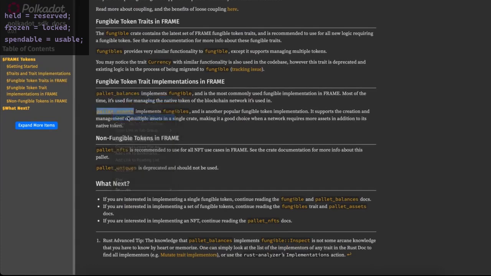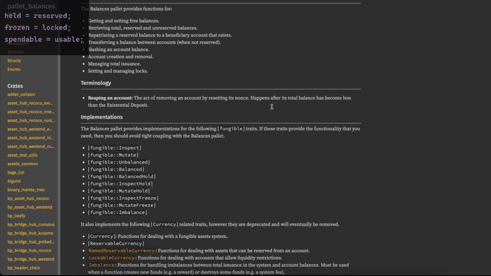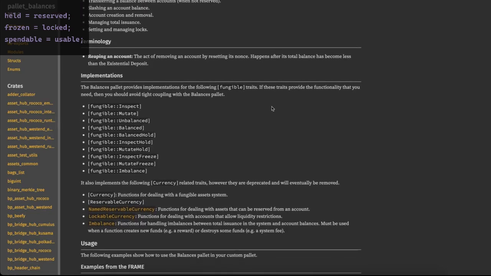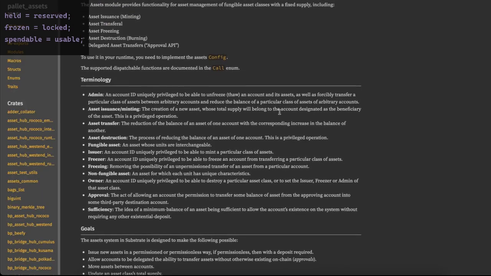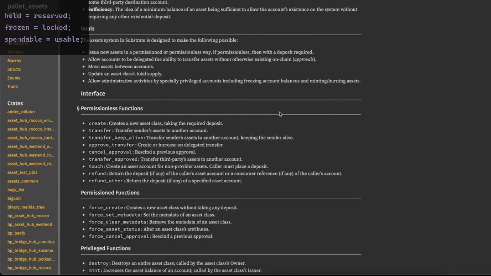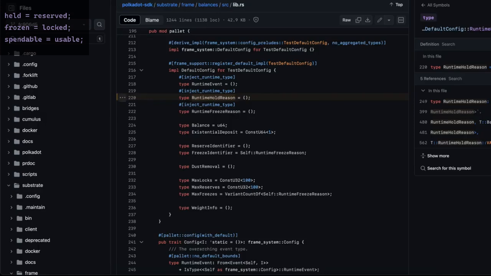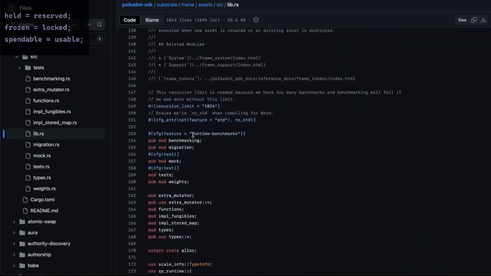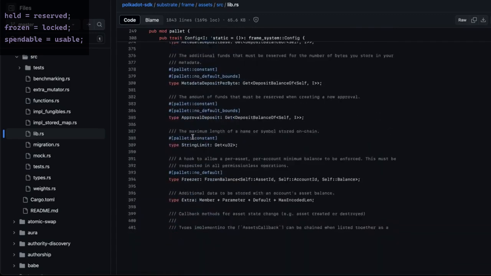There are links that state useful trait implementation, fungible trait implementation, and also there's some info on the Pallet Assets terminology and description and the functions that are used there. Pallet Assets. We can do the same, take a look at the events to have a basic understanding of what's going on here.